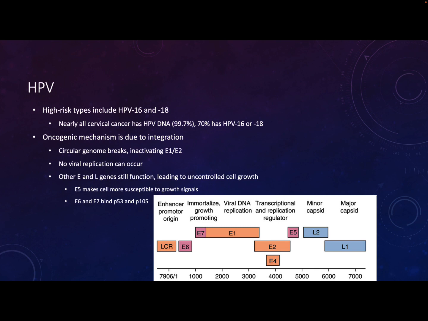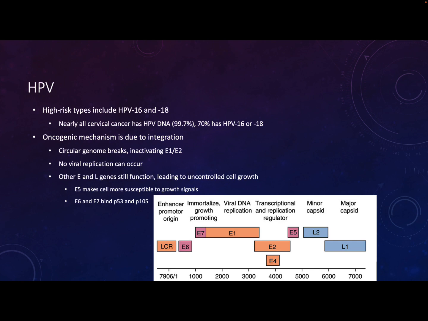Instead, what's happening is, so these two genes that are responsible and helpful in making new viral particles don't work anymore because of where it's been broken. But the genes that still work are things like E5, which helps it respond to growth signals, and E6 and E7, which bind to P53 and P105.